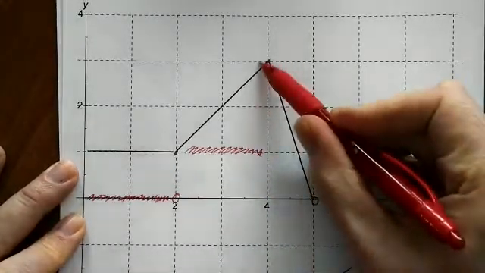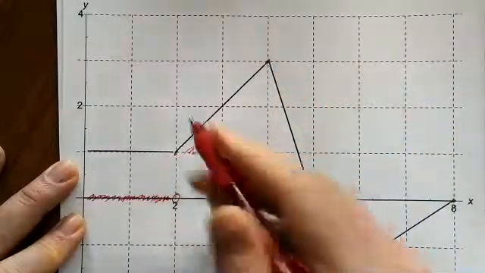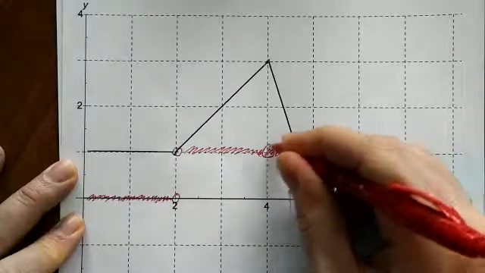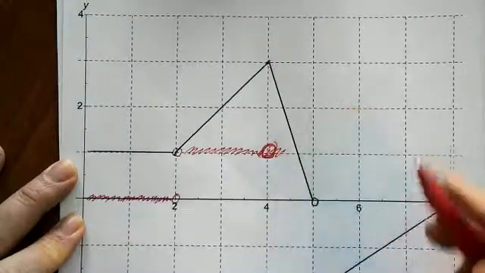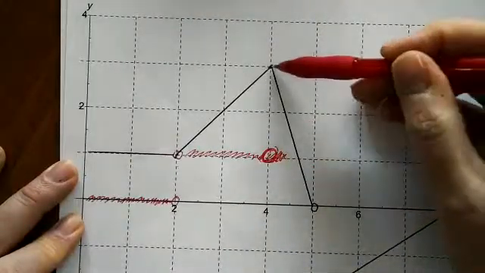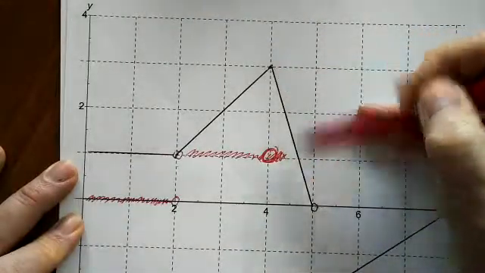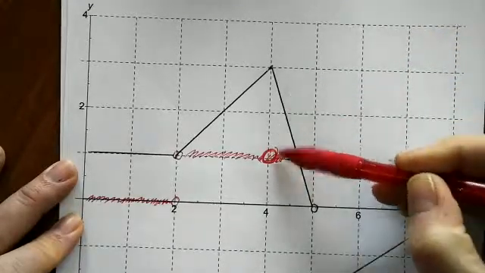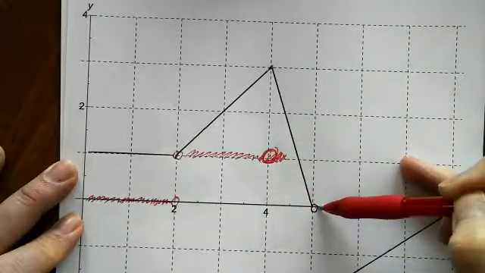Again, there's a corner here, a cusp, and there is one here, so this is going to be, whoopsie, that should be hollow. Sorry about that, that should be hollow. In fact, it shouldn't be there. Now, between 4 and 5, at every point on the graph of f, the slope is, well, we go down 3 and we go over 1.